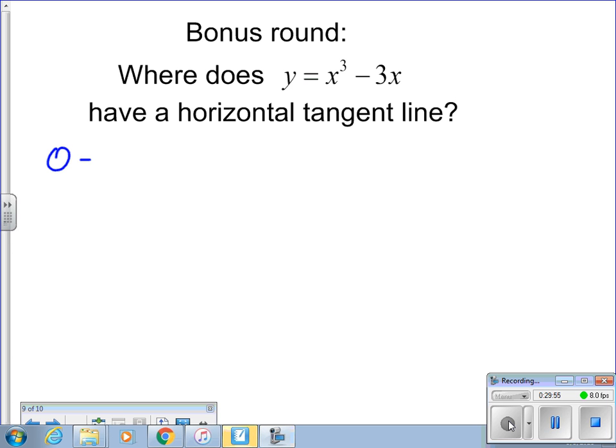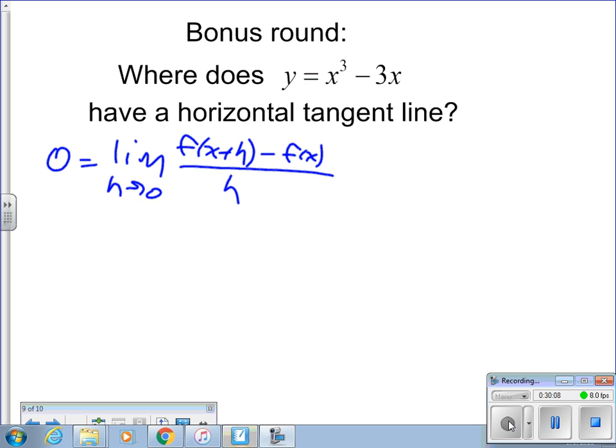Where is the limit as h approaches 0 of f of x plus h minus f of x over h equal to 0? This limit is the slope. Tangent line has a slope of 0. Where does this have a slope of 0?